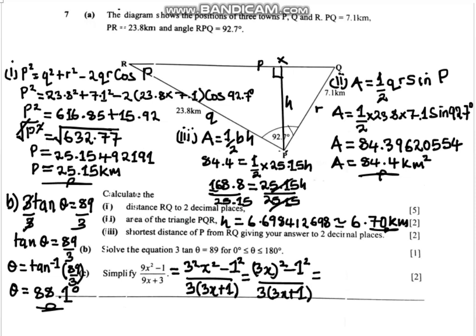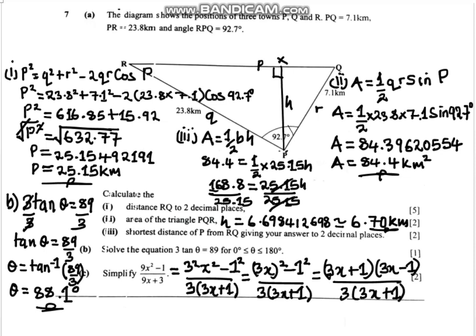Then this will equal to, so since 3x in brackets square is subtracting with 1 square, this means that we are dealing with a difference of 2 squares. So this can be written as 3x plus 1 in brackets, then 3x minus 1 in brackets. So everything over 3 open bracket 3x plus 1.